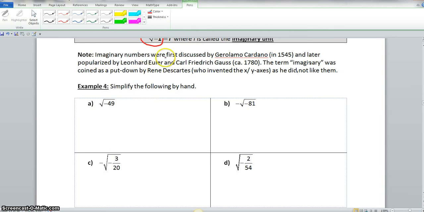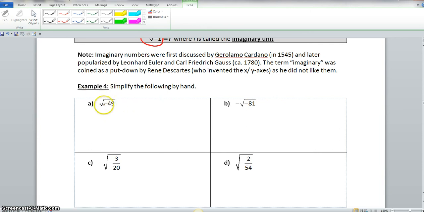Now it says imaginary numbers were first discussed by Girolamo Cardano in 1545 and later popularized by Leonhard Euler and Carl Friedrich Gauss. And that was in 1780. The term imaginary was coined as a put down by Rene Descartes, who invented the XY axis, as he did not like them. Simplify the following by hand.